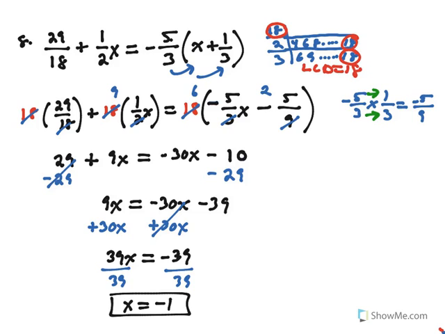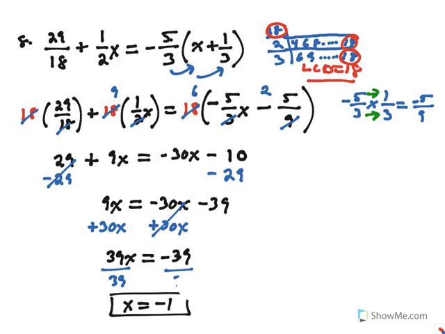So therefore, my LCD was in fact 18. Then I multiplied 18 on both sides of the equation, but before I did that, I distributed the negative 5/3 with everything in the parentheses, and I did the math here, and I got negative 5/3 x minus 5/9. And then I multiplied everything by 18. You notice the whole left side, I got 29 plus 9x.